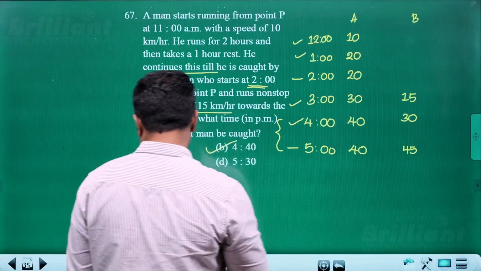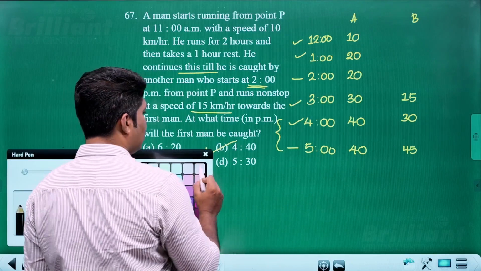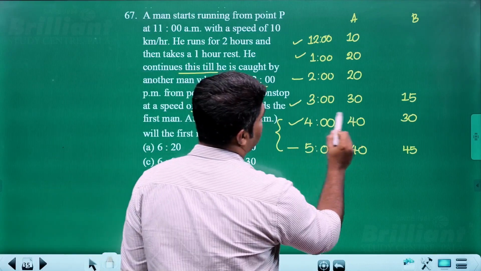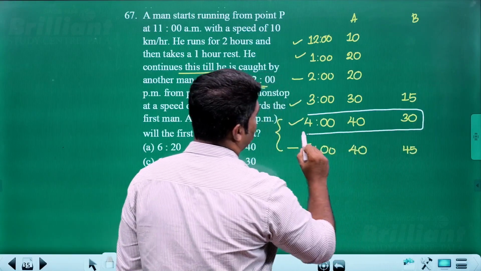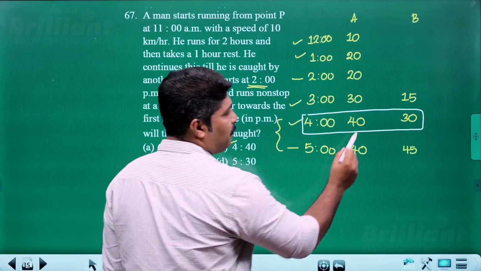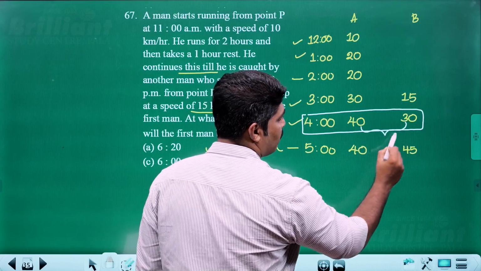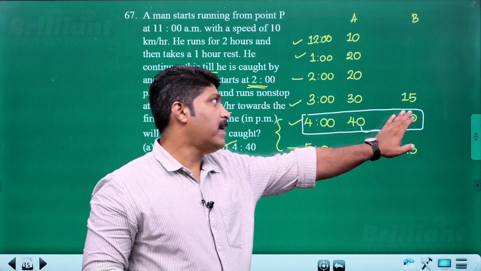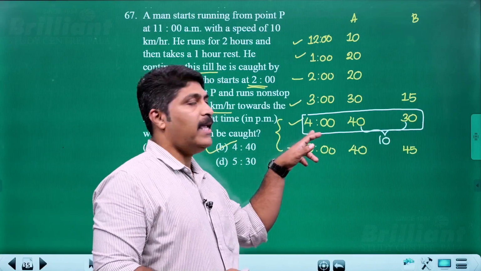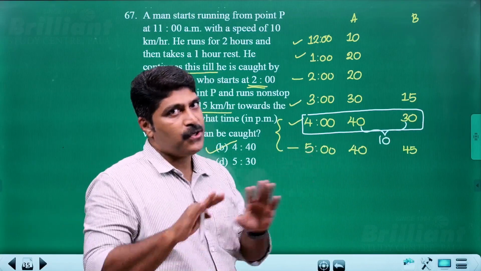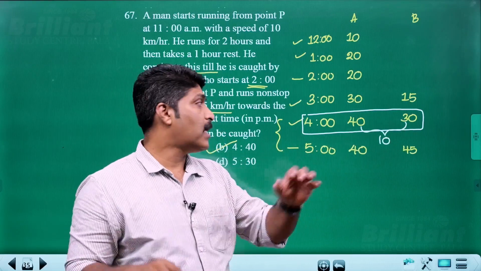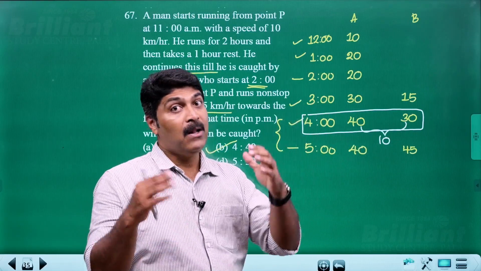In this particular time interval, at 4 o'clock, what's the difference in distance between these two persons? That is 10. So what's the time taken by B? Don't forget this A is at rest. He is not moving. What's the time taken by B to cover this 10 kilometer?